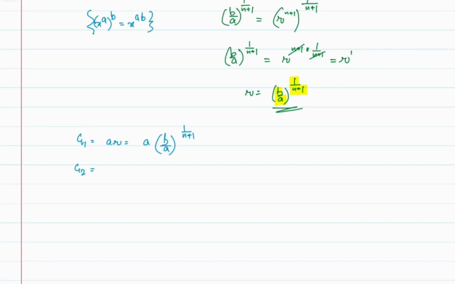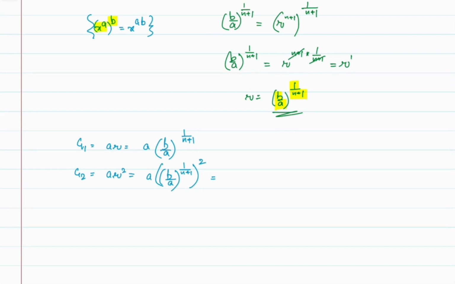Similarly g2 will be equal to a into r square, which is a into ((b by a) power 1 by n plus 1) whole square. Again using the property of exponents, this becomes a into (b by a) power 2 by n plus 1. So on up to gn, which will be equal to a into r power n, and can be written as a into (b by a) power n by n plus 1.